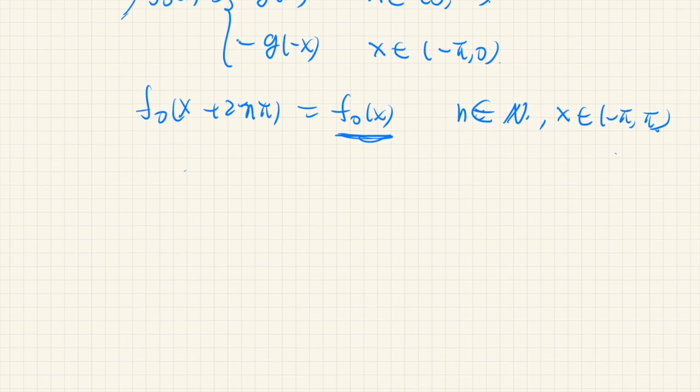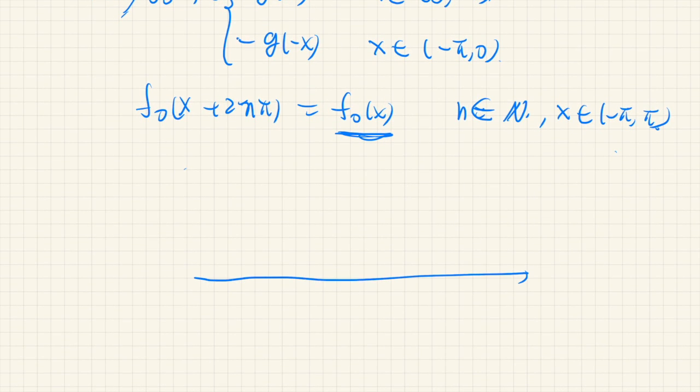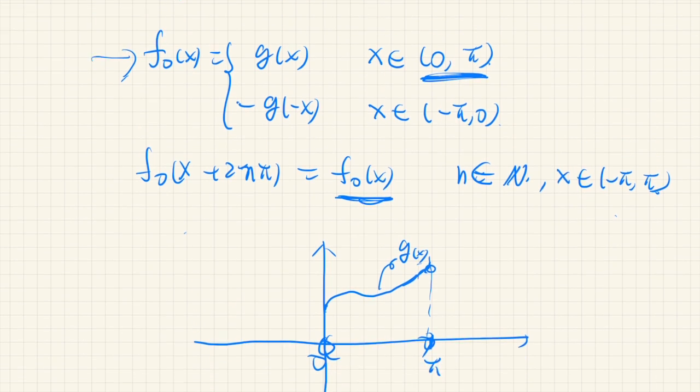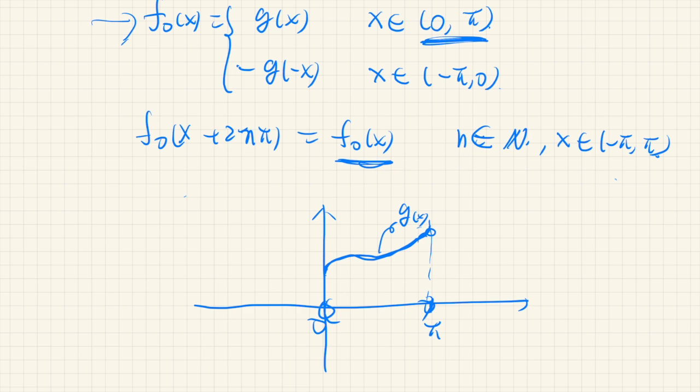So here's what we are actually doing. Suppose we have a function defined on this interval. Let's say it can be any function like this. So this is g. g is originally defined on this interval, and in this interval we just use g of x as given.